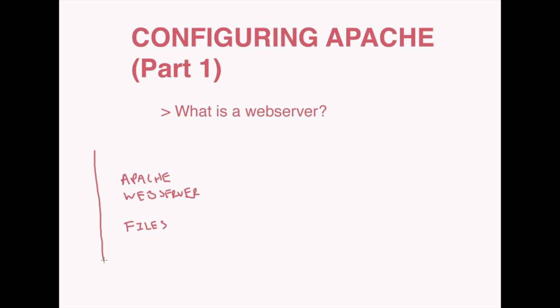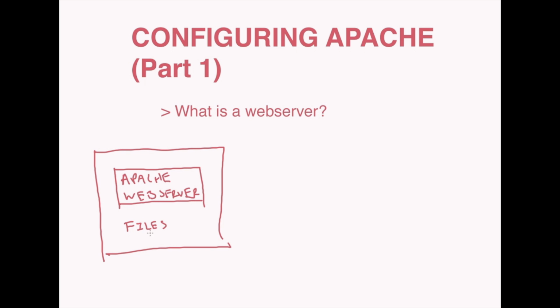I'm going to draw this in a large box, and then we're going to wrap this in a large box, and then also this one. So here we have our web server, and the goal is to be able to serve these files to whoever's requesting those files.